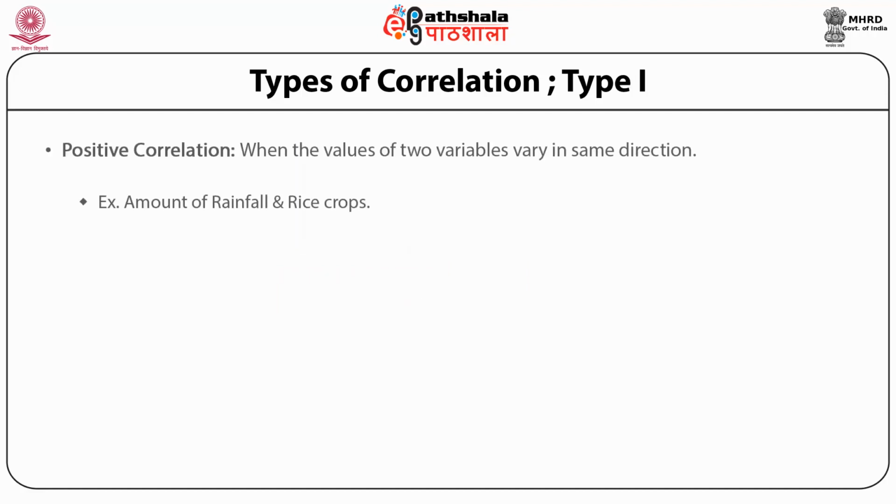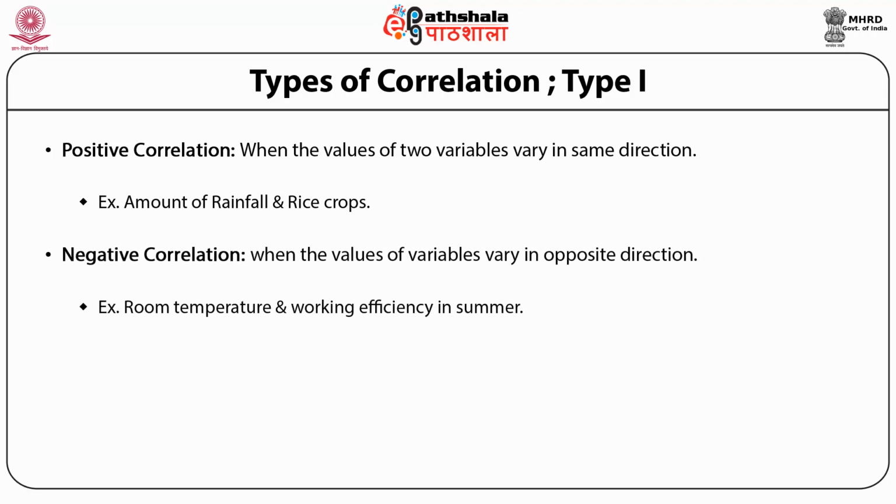Like amount of rainfall and rice crops: when rainfall increases, the rice production also increases. It is a positive correlation. Relationship between the room temperature and the working efficiency in summer: obviously when the room temperature goes up, the working efficiency of people goes down in the hot summer.